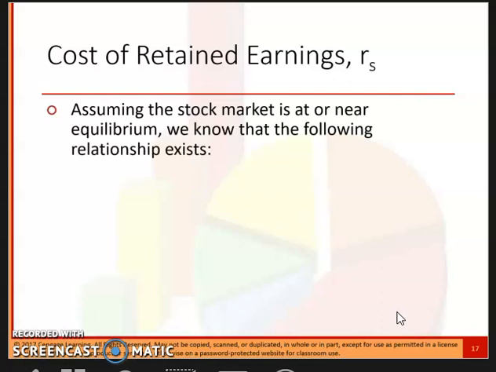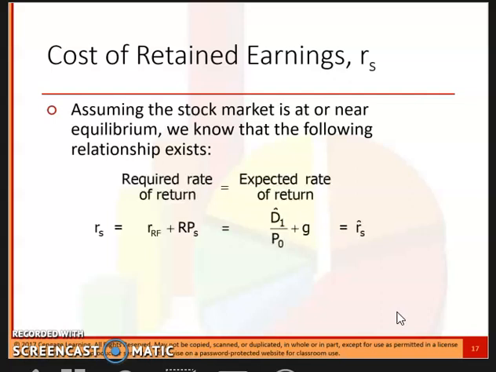If the stock market is at or near equilibrium, as I mentioned before, the following relationship should exist. The required rate of return is equal to the risk-free rate plus the risk premium.